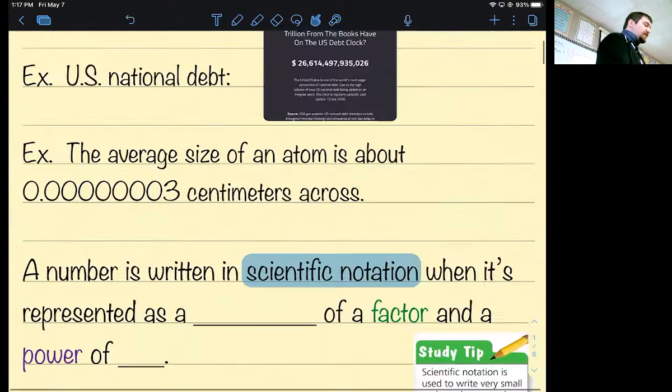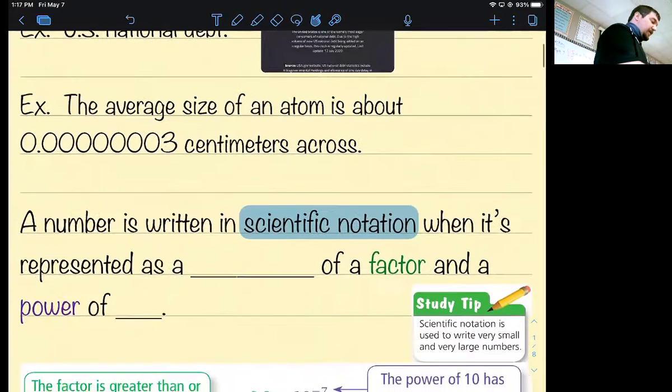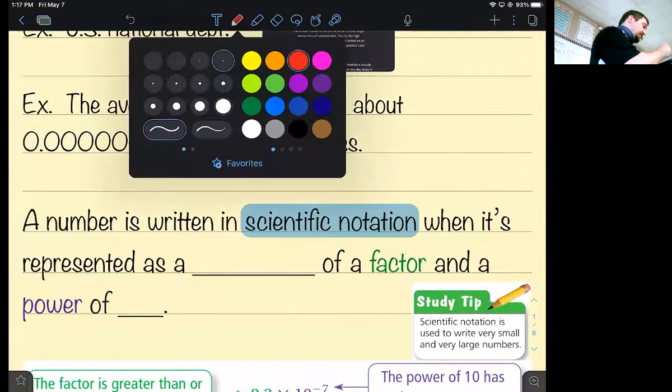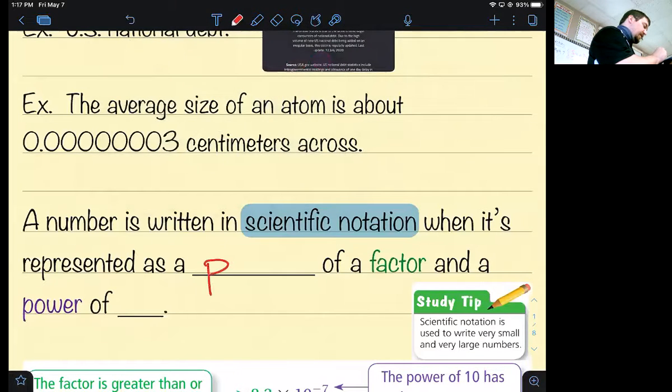Okay. So a number is written in scientific notation when it's represented as a product of a factor and a power of 10.